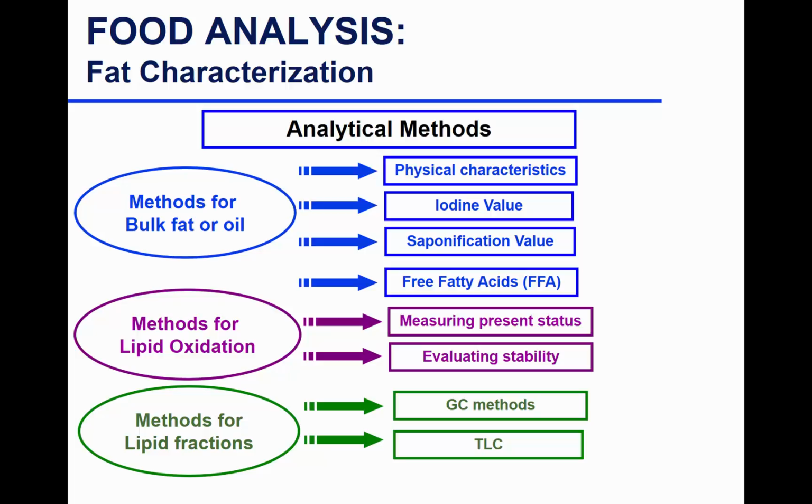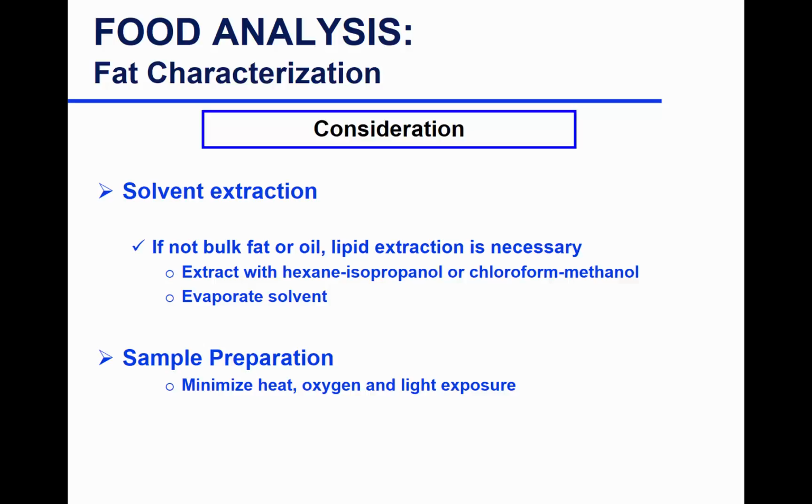All right, so this is a summary of the methods. Analytical method consideration, of course, is first of all, if you want to assess the oxidation state of fats within a food matrix, you want to extract the fat first in order to determine its peroxide value or determine its secondary metabolite like hexanol.